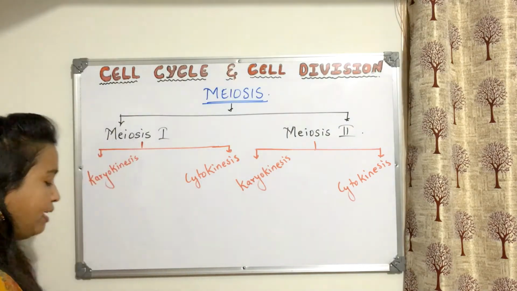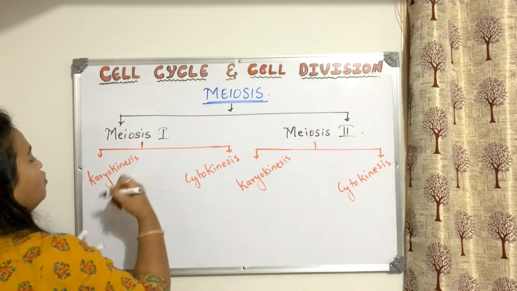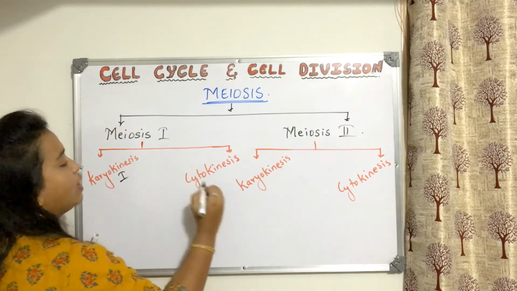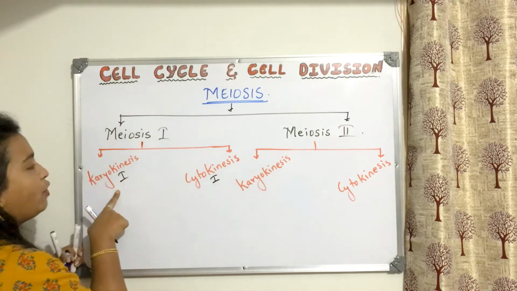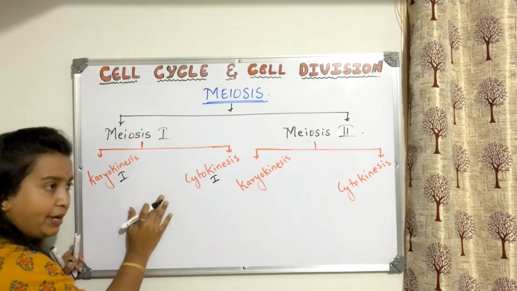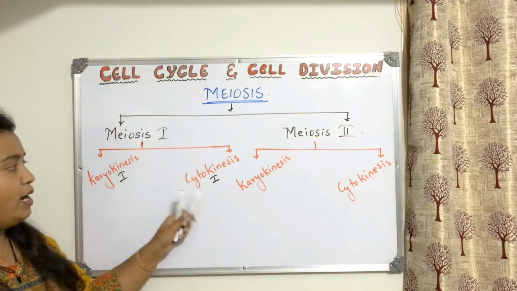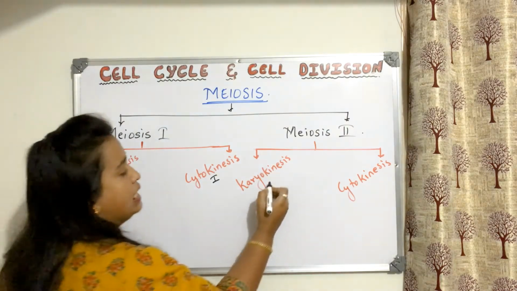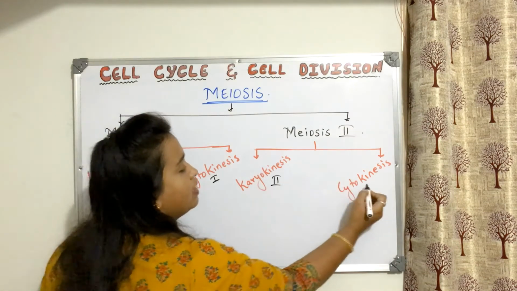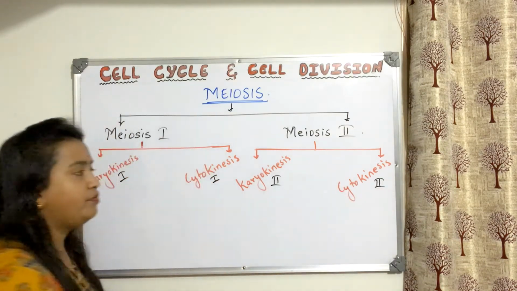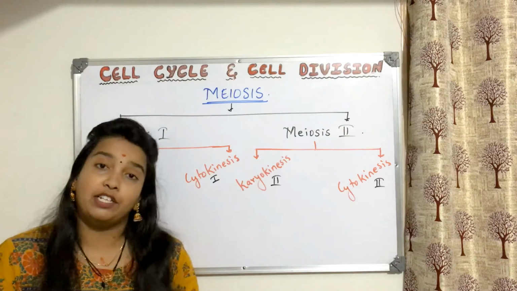So we will name it karyokinesis 1 and cytokinesis 1, because the karyokinesis and cytokinesis happening here are related to meiosis 1. Obviously here it is karyokinesis 2 and cytokinesis 2, in order to differentiate.